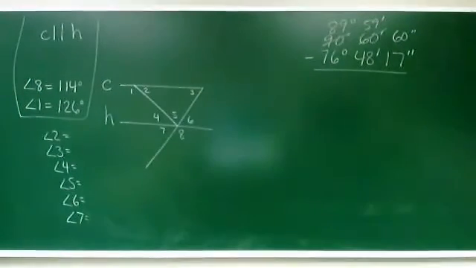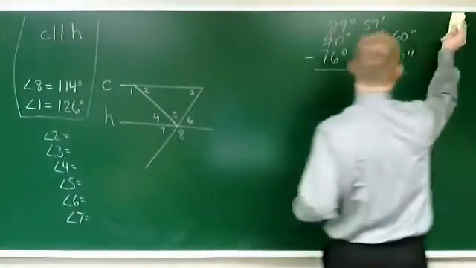If 8 is 114 degrees and 1 is 126 degrees, find angles 2 through 7. And you do not have to stay and participate in this if you feel confident, but I certainly want to give you the opportunity to make sure you're good with this on the exam tomorrow.